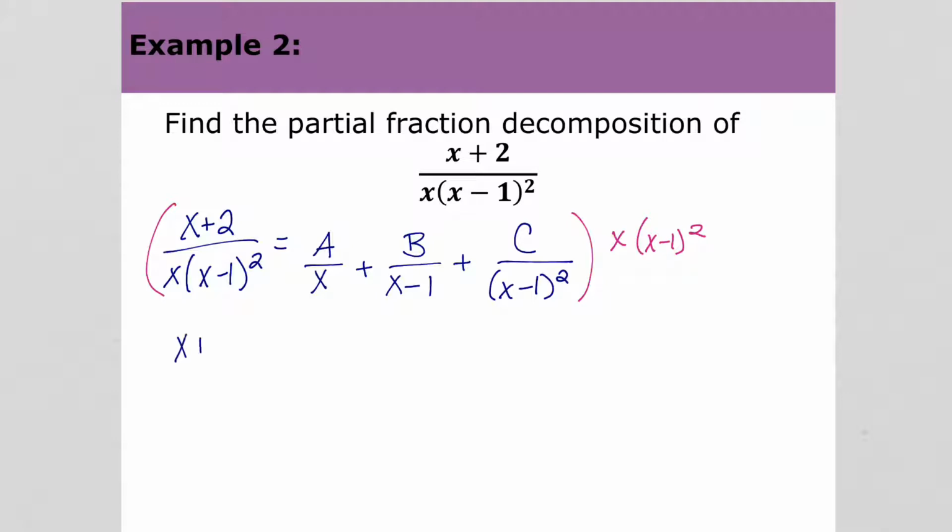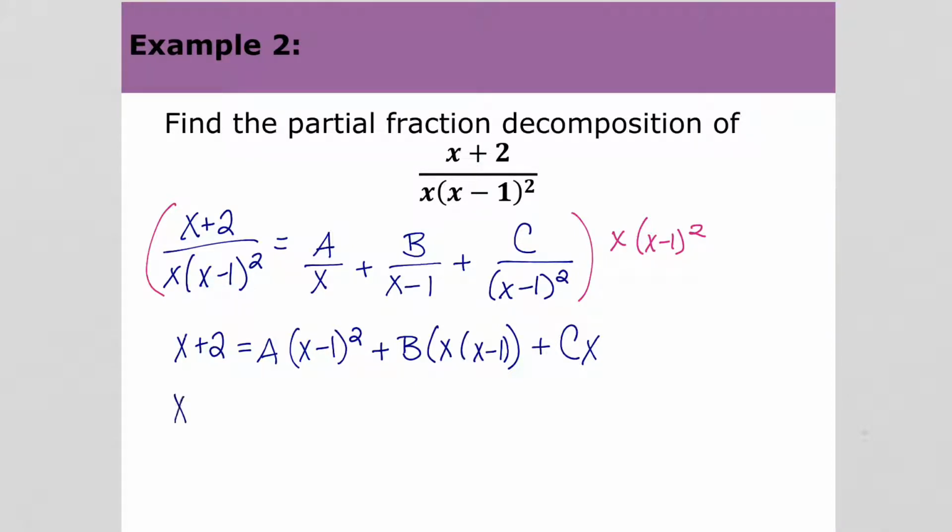That leaves us with x plus 2 equals a times, the x goes away and we're left with x minus 1 squared on the top, plus b times the x minus 1, one of the x minus 1s goes away, but we're left with an x and the other x minus 1. And then for the last one, the x minus 1 squared goes away and we're just left with x.